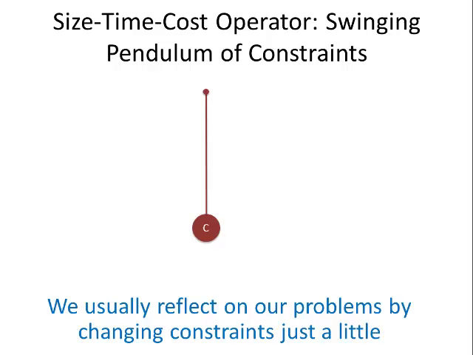Normally, we do not reflect on our problem by changing constraints significantly. If we have to deliver our product, say, in 12 months, we may think how to design it a month ahead of schedule. This is depicted by the movement of the pendulum to the right and the increase of constraints, C+. It is unlikely that we will think of finishing the work on our product in just 2 months instead.